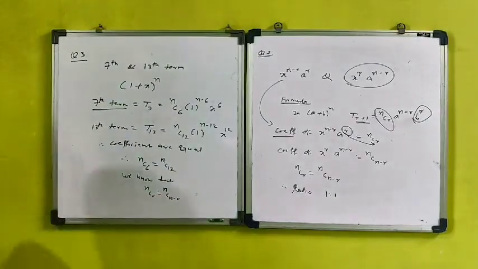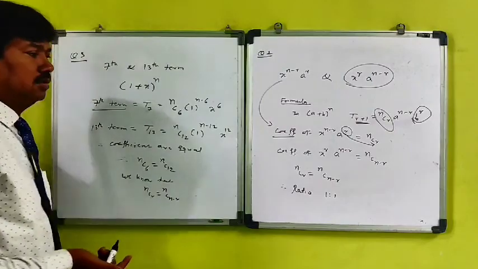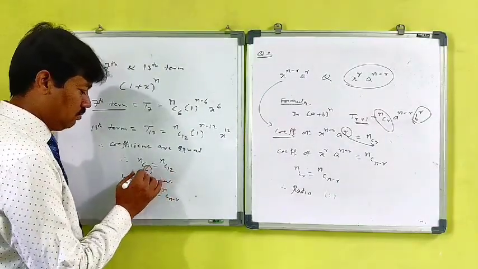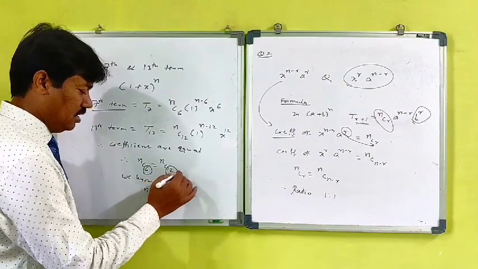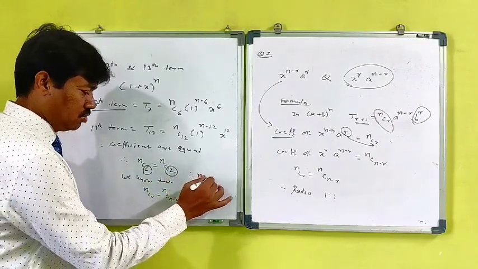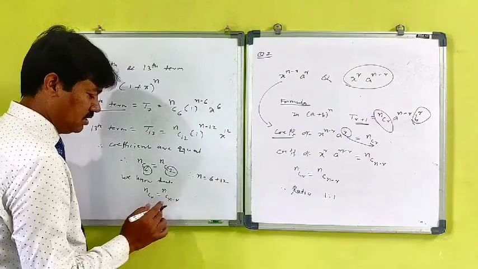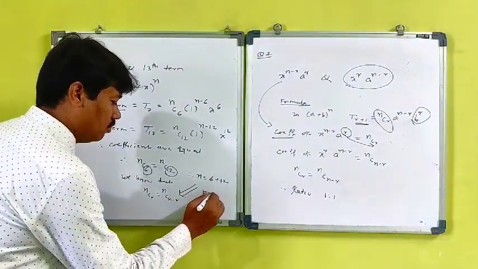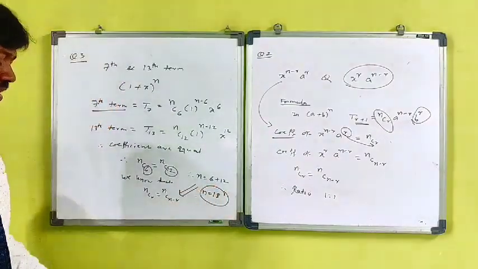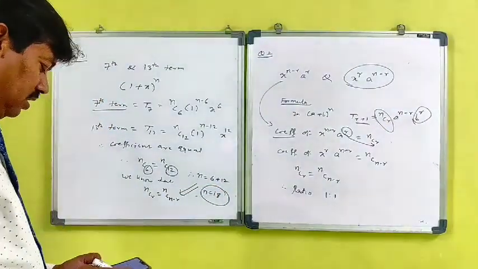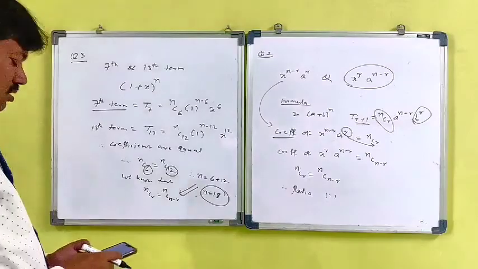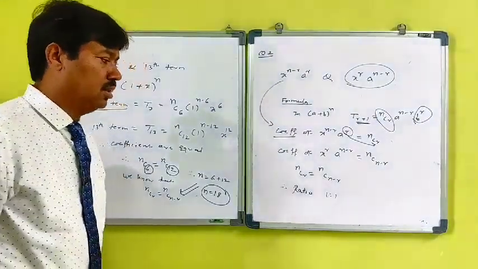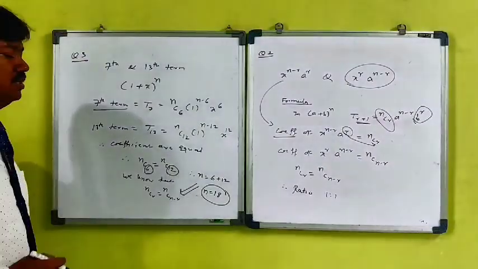That means the sum of these two values should be n, so n should be equal to 6 plus 12, then this condition will be satisfied. So n is 18. That's the answer for this sum. Looking at the options, the third option is the correct answer. So that is questions 1, 2, and 3.